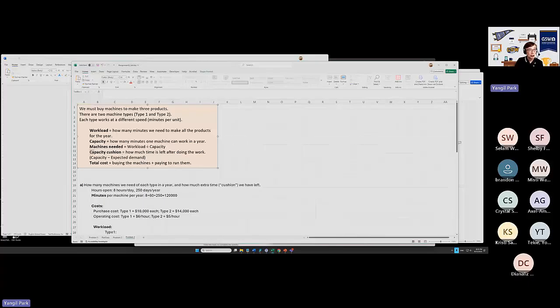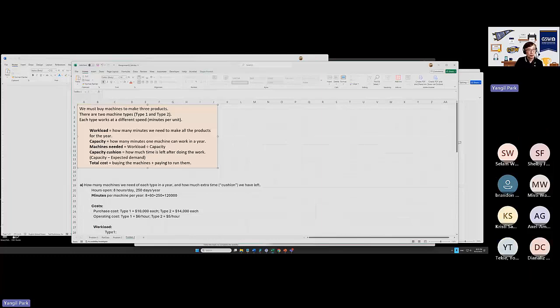So capacity cushion is the capacity minus the demand, or workload, I believe, that needs to be completed. And total costs: the cost of the machine and maintenance or running the machine in this example. So the first question is how many machines we need of each type in a year, and how much extra time we have left.